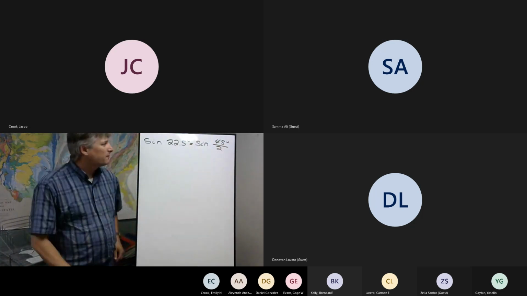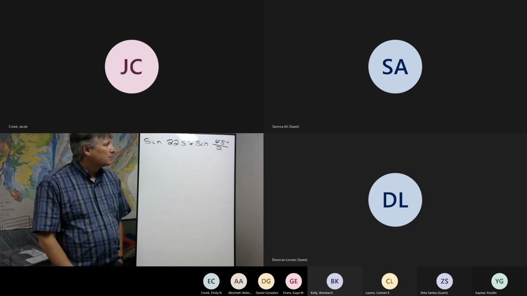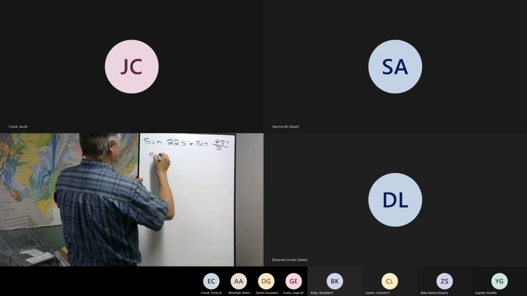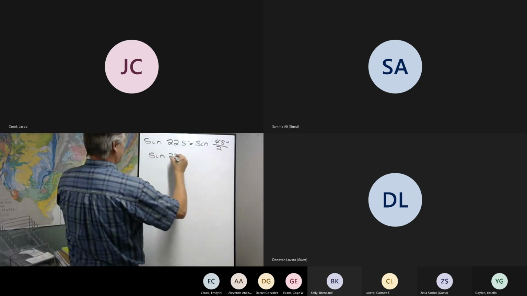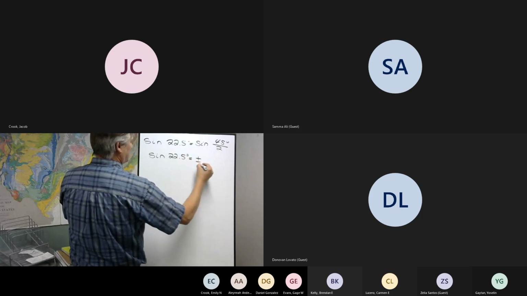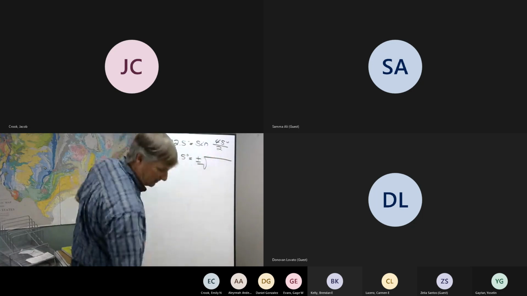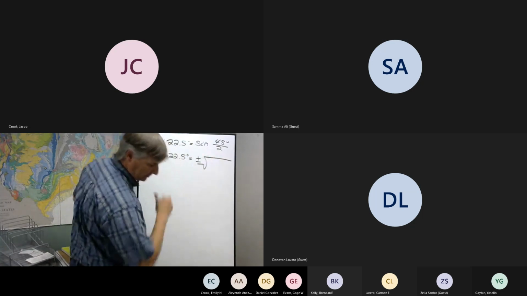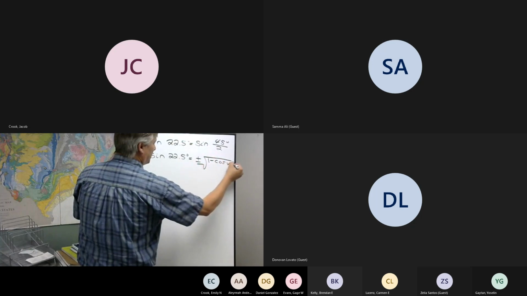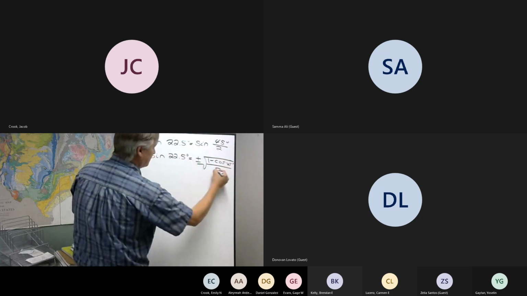So 22.5 is 45 divided by 2. So if we take a look at the half-angle formula, it's plus or minus the square root of, check this again, 1 minus cosine of 45 degrees over 2.